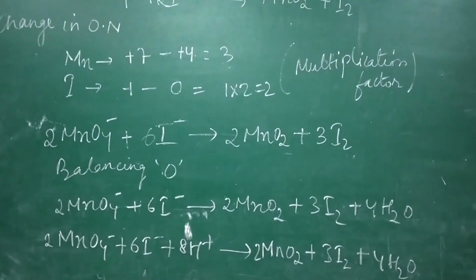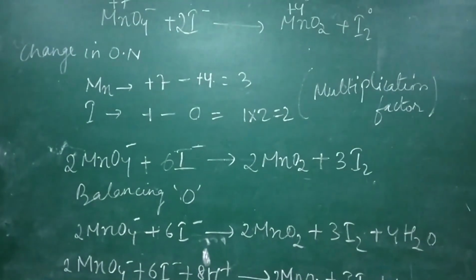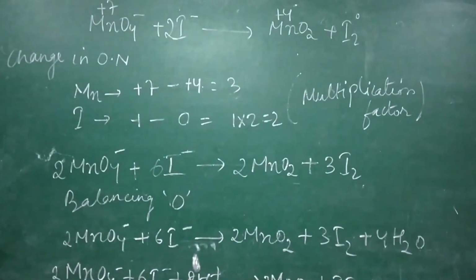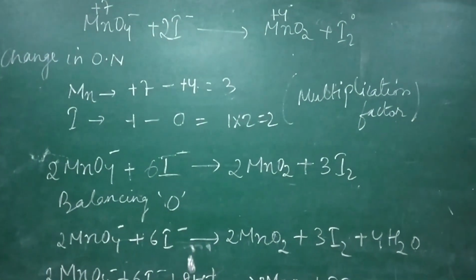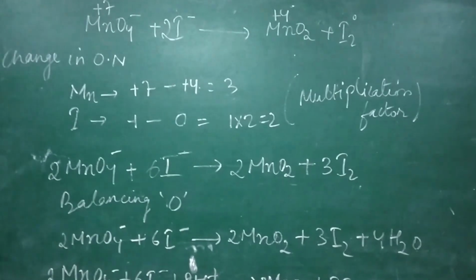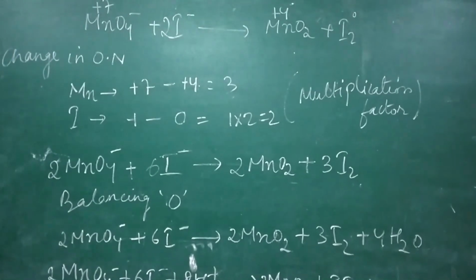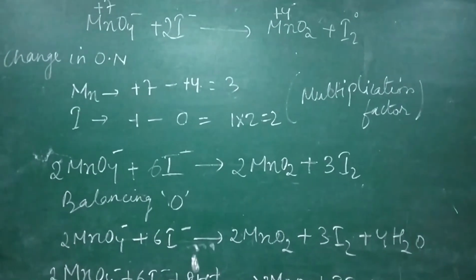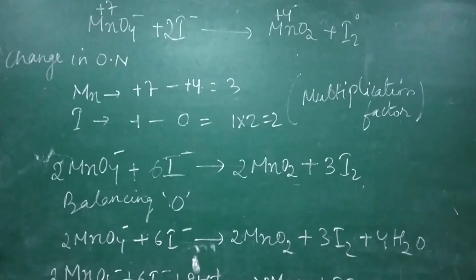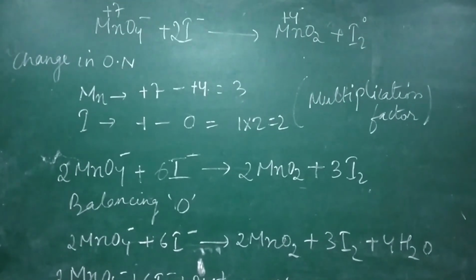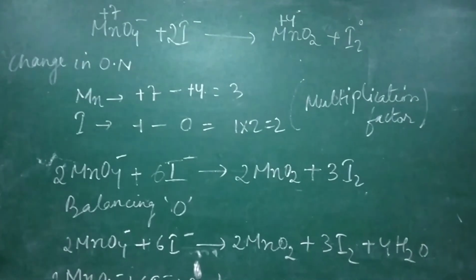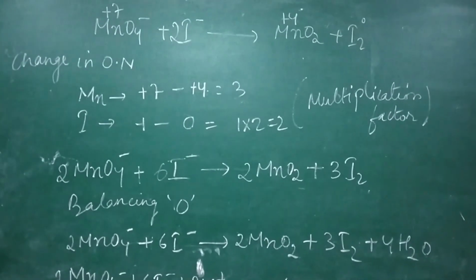These are the two methods with the help of which we can balance any unbalanced redox chemical equation. If in the exam it is mentioned that you have to use a particular method, then use that method, or if it is not mentioned, then you can choose any method of your choice and balance the chemical equation.